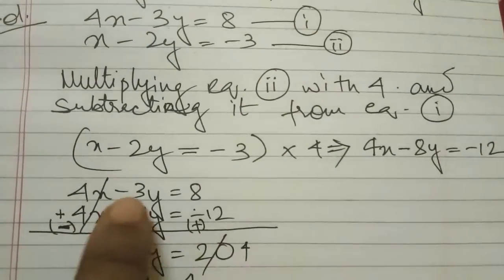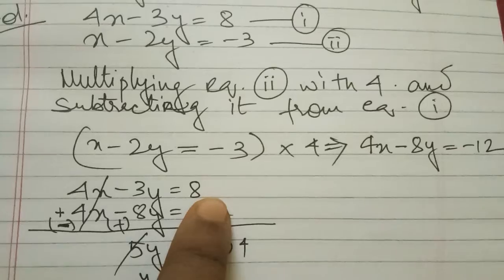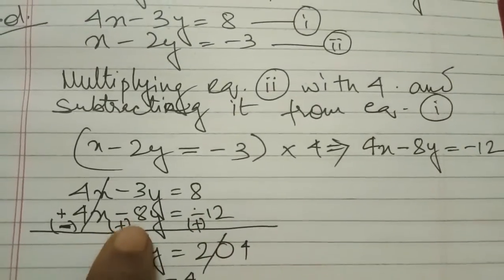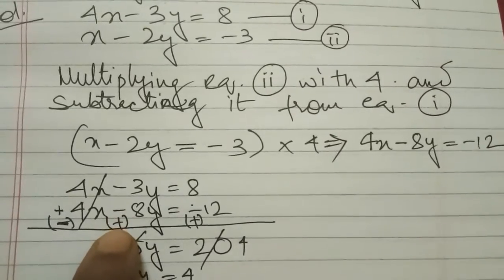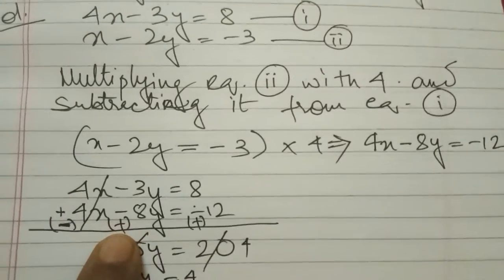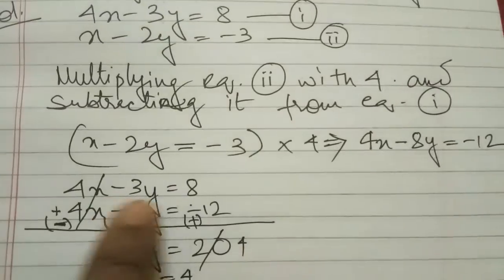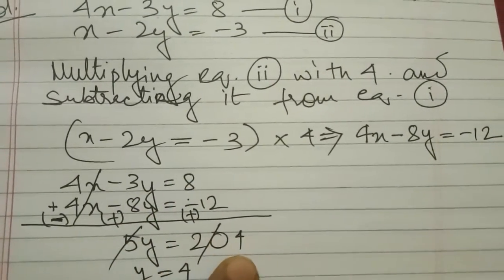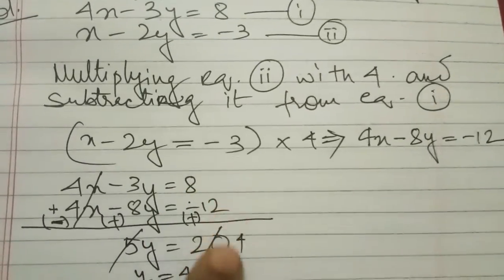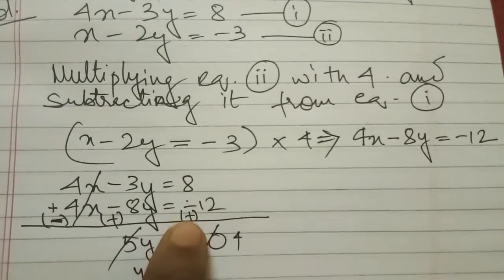Then minus 3y plus 8y is 5y, and 8 plus 12 is 20, so 5y equals 20. We don't keep the minus, we take the changed sign only.